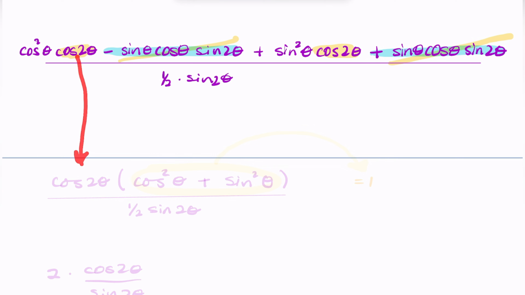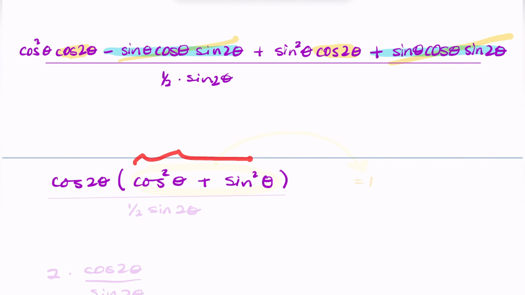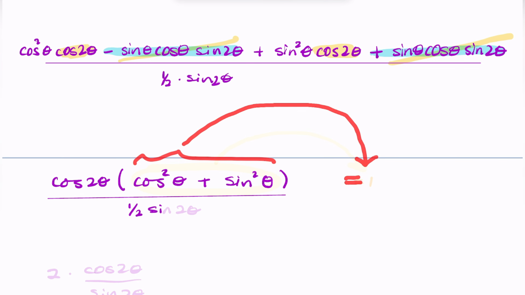I think we've almost finished now. We can say that's cosine 2 theta, common factor, times (cosine squared theta plus sine squared theta), divided by half sine 2 theta.